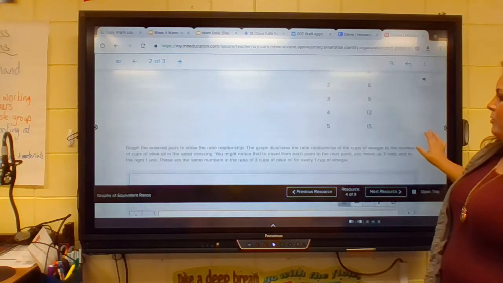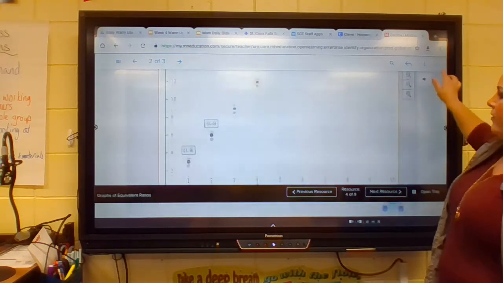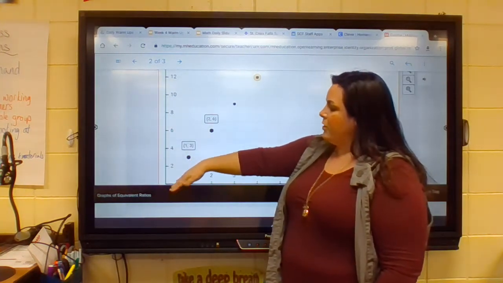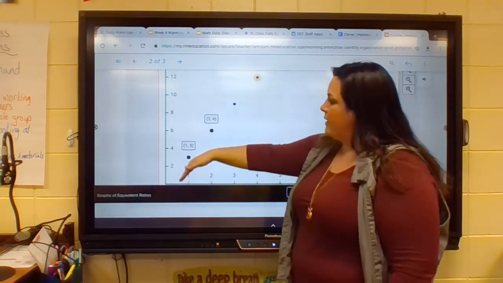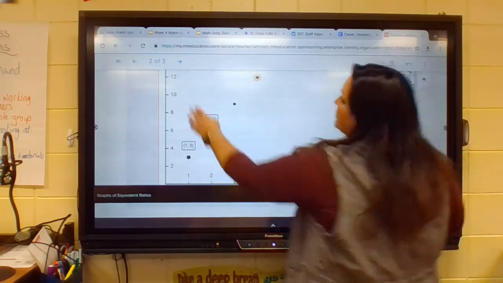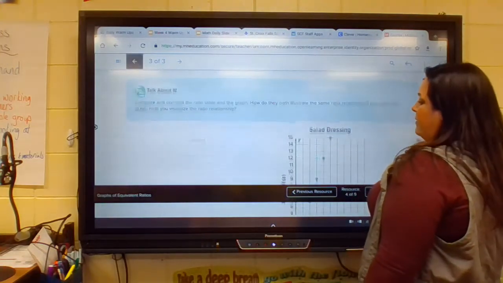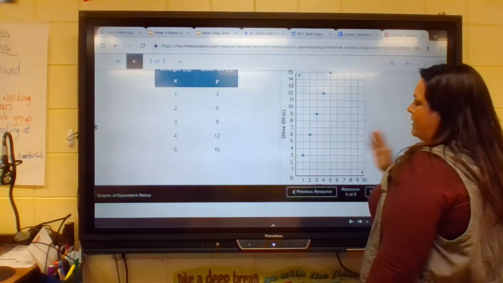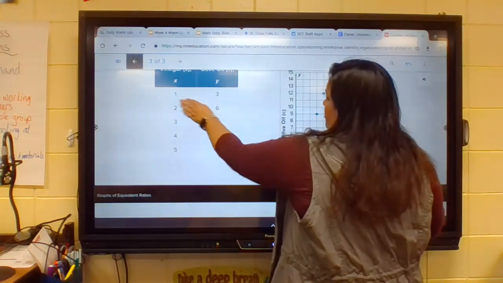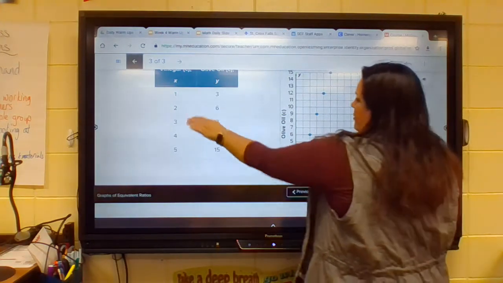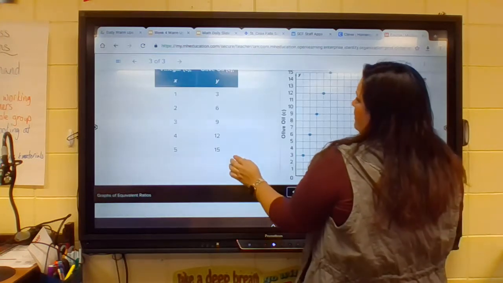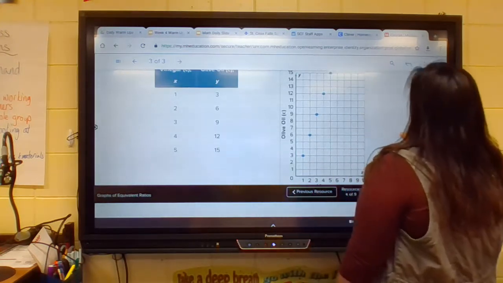So we are then able to see kind of how our ratios are equivalent. And you can see it goes in a nice straight line, so that means it is equivalent. We can then take a look at the graph as a whole and see how it matches up with our table. So as you can see, first ordered pair 1, 3 is here, 2, 6 is here, 3, 9, 4, 12 is here, oopsies, and 5, 15 is there.